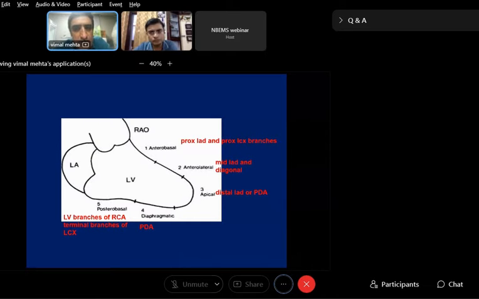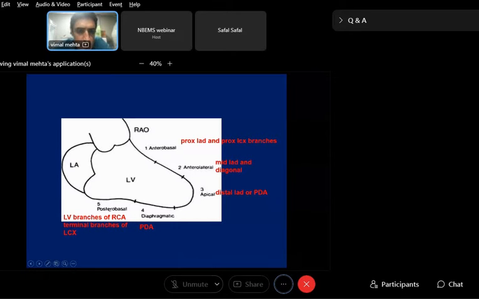I don't know if this will be asked, but at least you have to know it, whether it is asked or not. Anterobasal, anterolateral, apical, these are all supplied by the left anterior descending, and diaphragmatic is supplied by the posterior descending artery, and this is the PLV branch, posterobasal, or for that matter the right coronary artery.